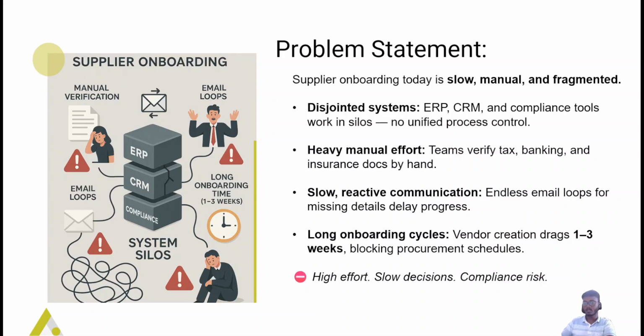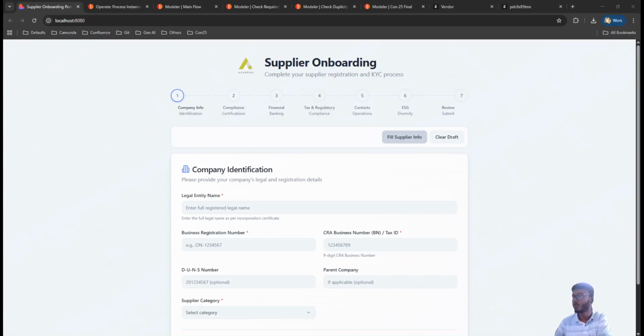Let me go to the UI screen where a supplier needs to fill a form in order to start the vendor verification process. Here we are in the portal where a new supplier is going to fill in the required information.